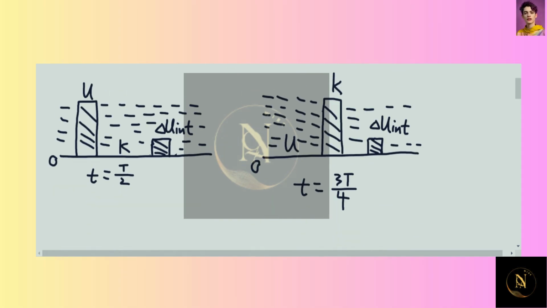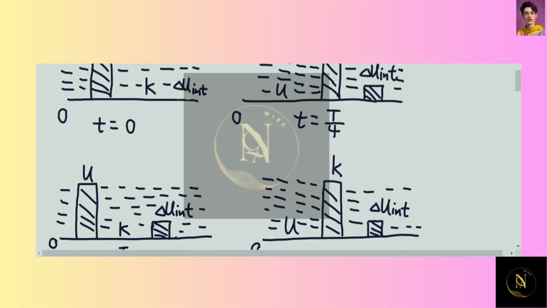And then at time equal to T over 2, the kinetic energy was converted into potential energy. But since there was motion before, the changing internal energy was also gained when the car was moving on the surface.